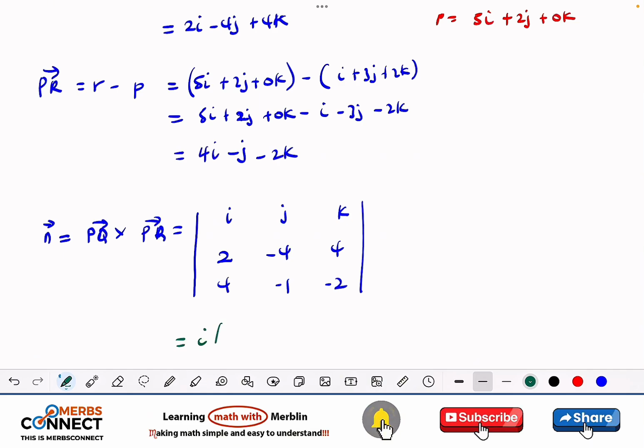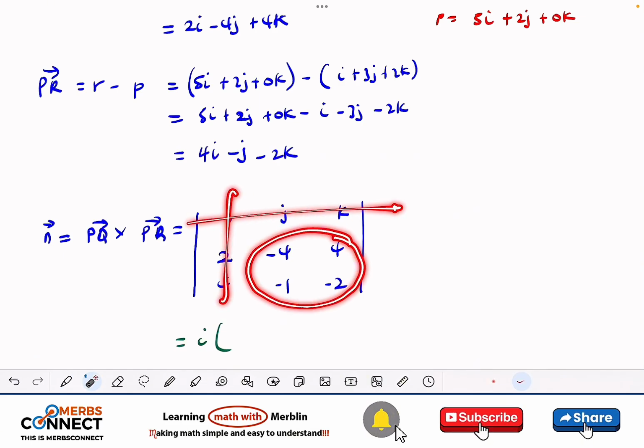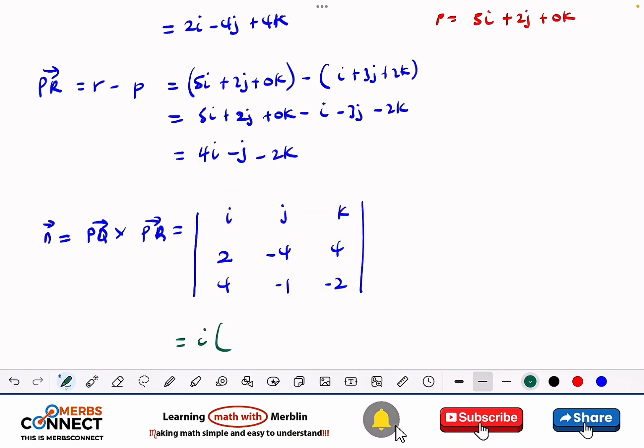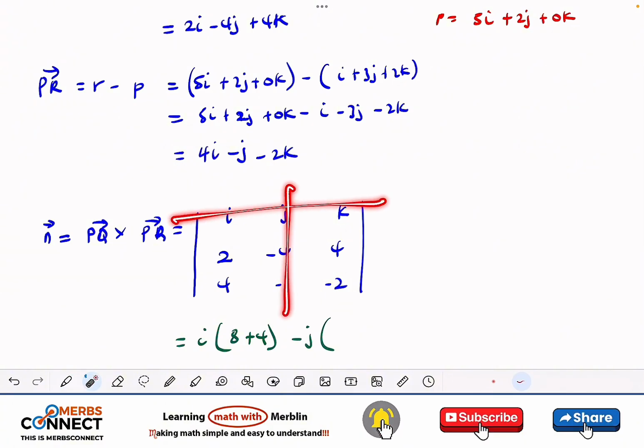So maintain i and then cancel this one out. It will be left with these guys. We are finding the determinant: 2 times minus 4, and then this times that, so 8 plus 4. Minus j, cancel this and this out, and it will be left with 2, 4, 4, minus 2.